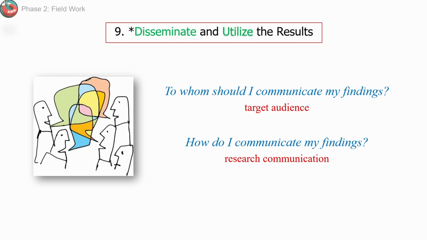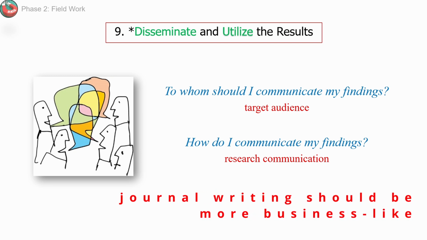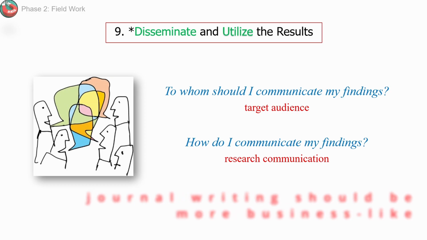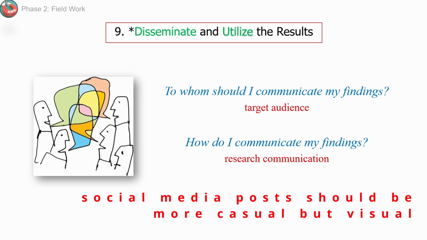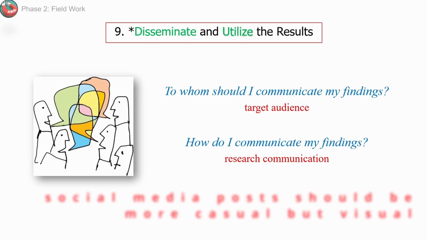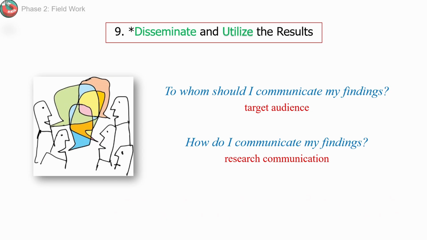For example, journals versus administrators versus the greater public will have different expectations. Conventions will also have different requirements from publications in scientific journals. When you post to social media, your audience there will also have different ways of absorbing your findings.